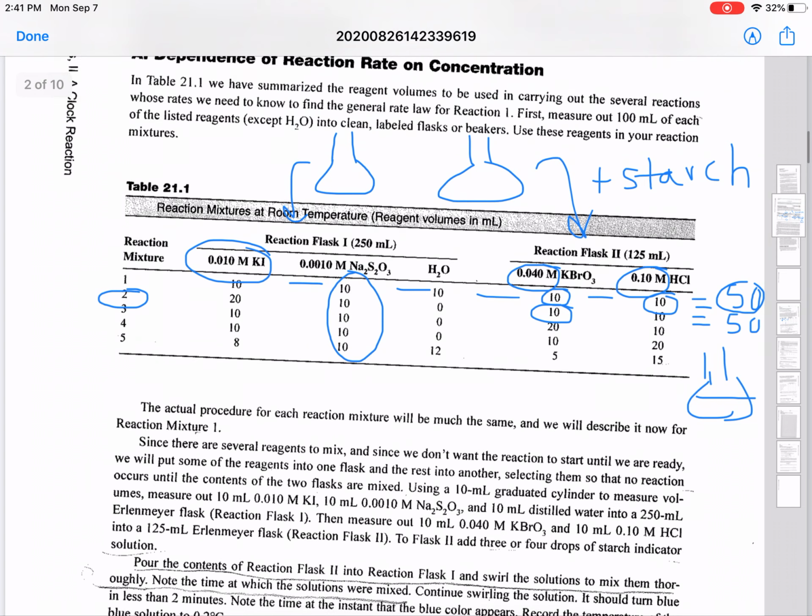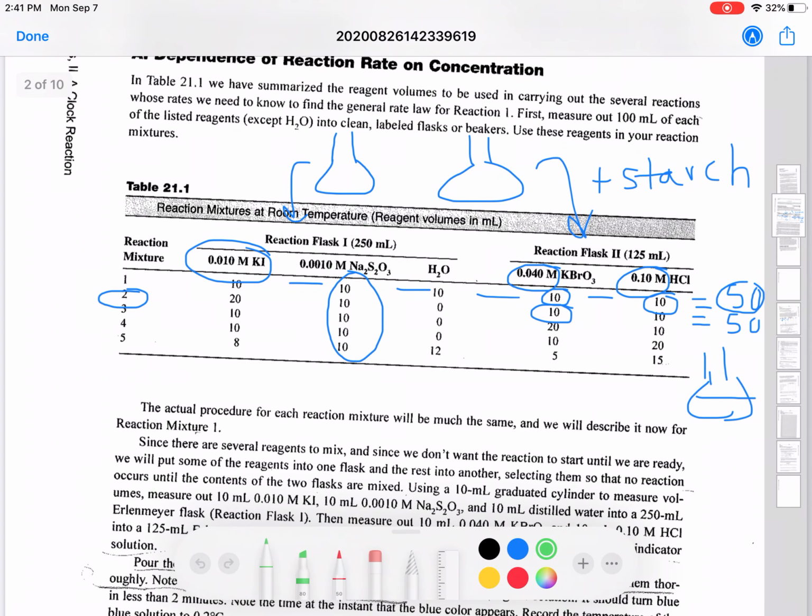Over here, you see reaction mixture 3 and 1. Potassium iodide, 10, 10. And then potassium bromate, 10 and 20. Hydrochloric acid, 10 and 10.